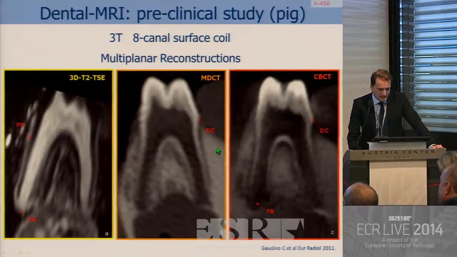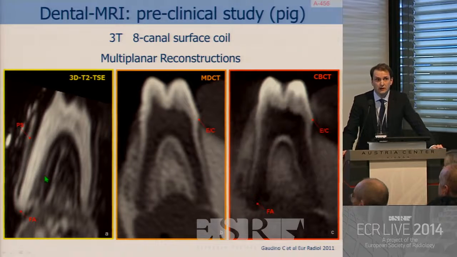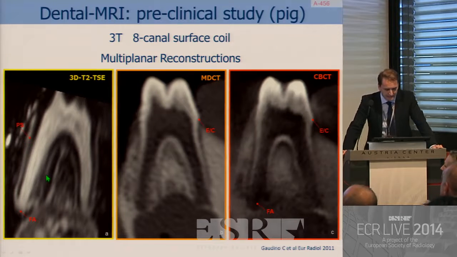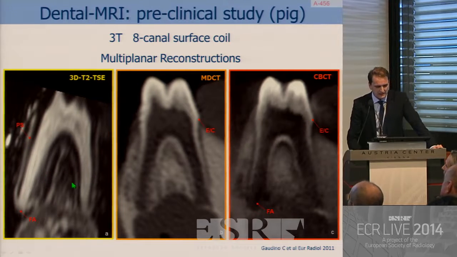So as we analyzed, these are the multi-planar reconstructions, and again you can see the pulp is easily displayed with MRI, and the foramen apices, where you have the junction between the pulp and the periodontal space, can be detected easily, and that's a very important anatomic structure. What is difficult to see with MRI is the differentiation between enamel and dentine.